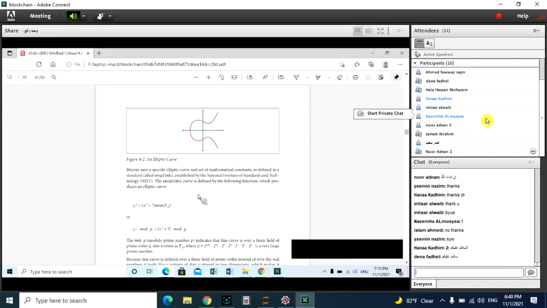In this approach, a big prime number P is generated, then we should calculate.